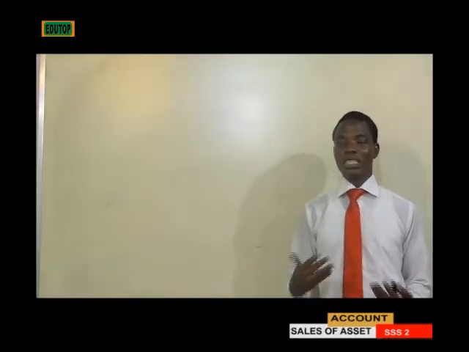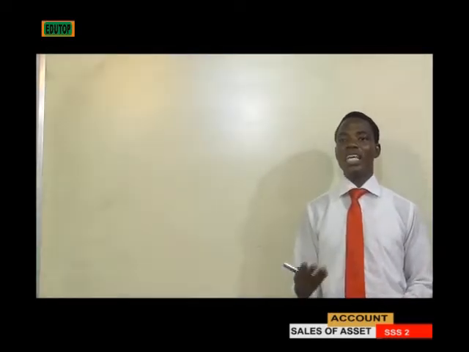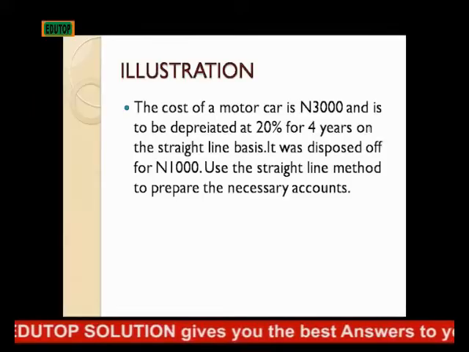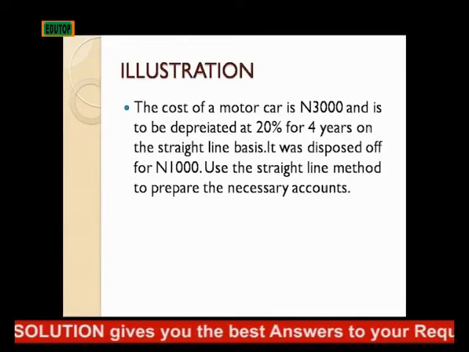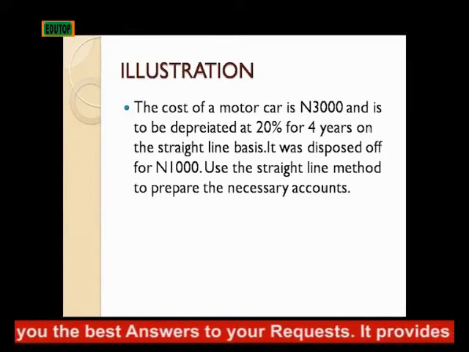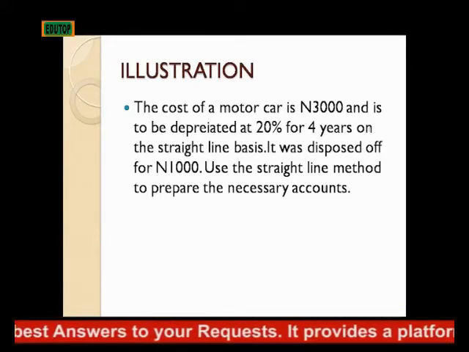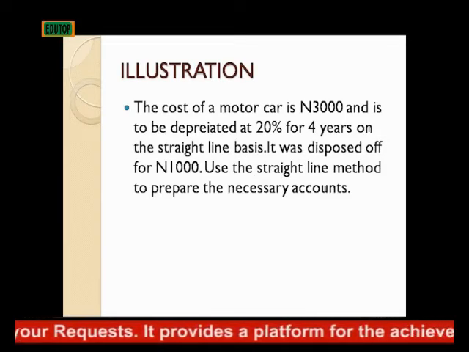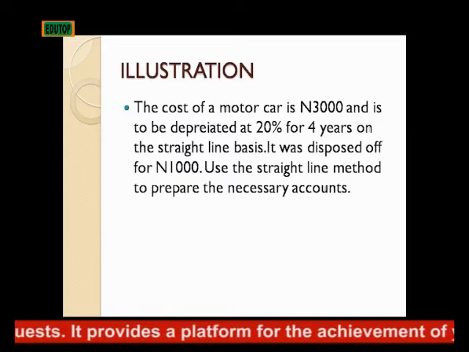So here, we are not given the scrap value, but we are given the percentage at which we charge the depreciation. We do that now, and they said prepare using the straight line method. Now, at the end of the day, the asset was disposed of for 1,000 naira after 4 years, after writing off the depreciation for good 4 years. Then they said use the straight line method to prepare the necessary account.